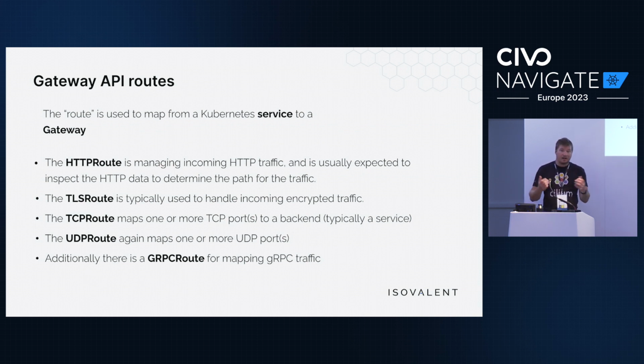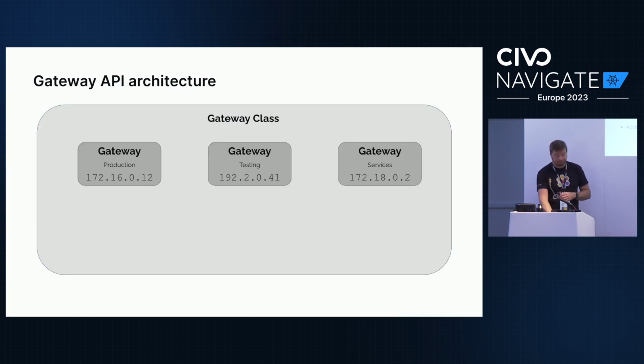Some of the telcos that I've been working with are looking at a mirror route, for instance, where traffic comes in, it goes to a service, but the traffic is also mirrored to a detection device or things like that. As I say, the options are limitless, but the routes are effectively what happens as traffic enters the cluster on a certain ingress point.